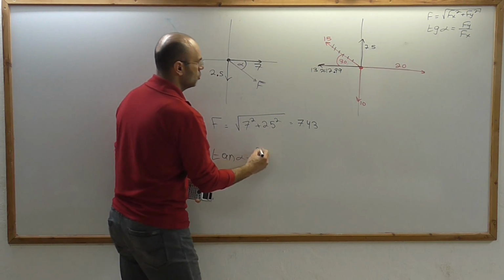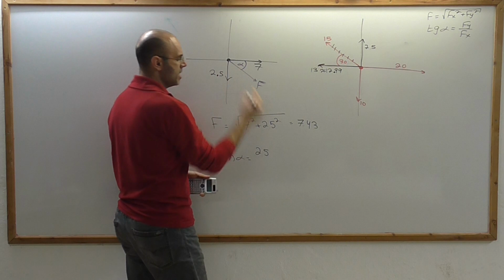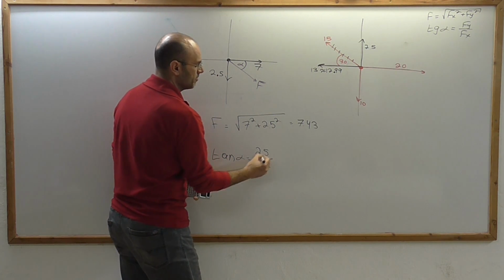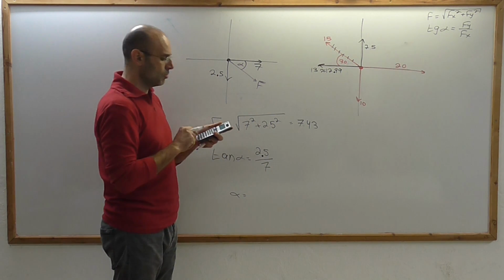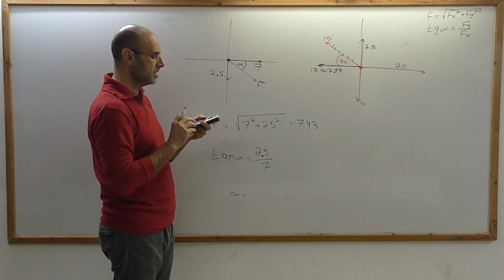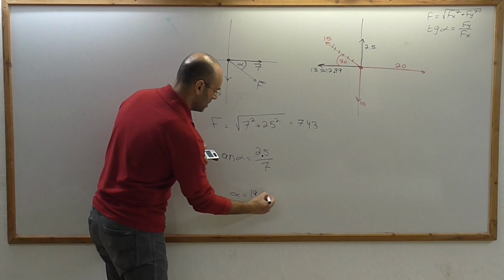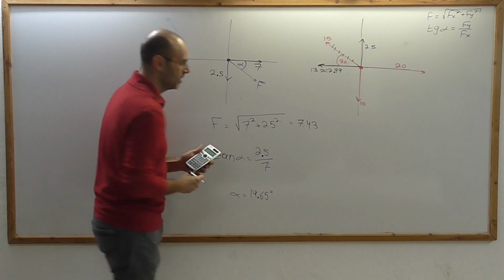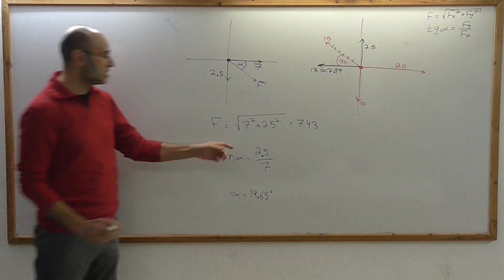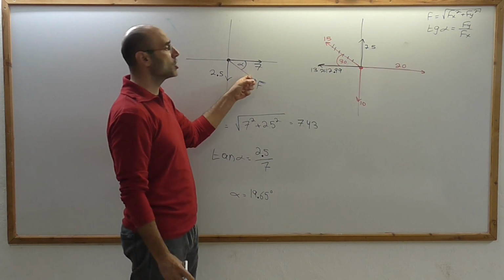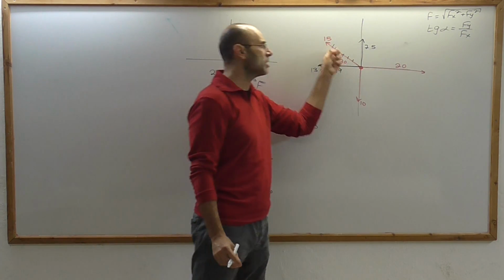So it will be 2.5, this is the fy, over fx. So 2.5 over 7 is, shift tangent, 19.65 degrees. And again, I have a resultant vector, this one, which is equivalent to these three.